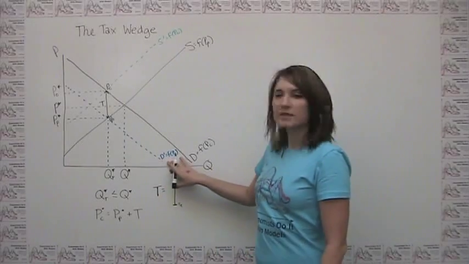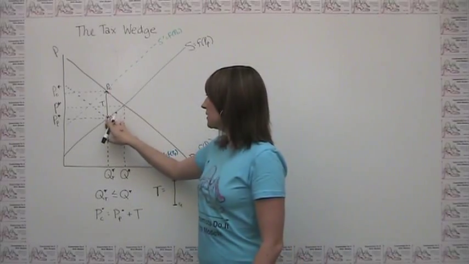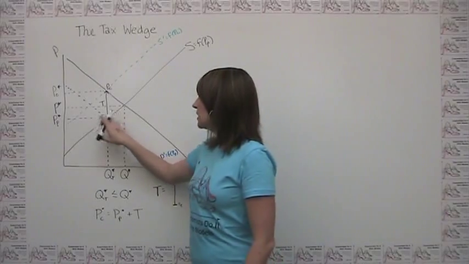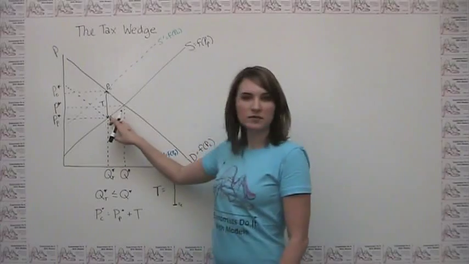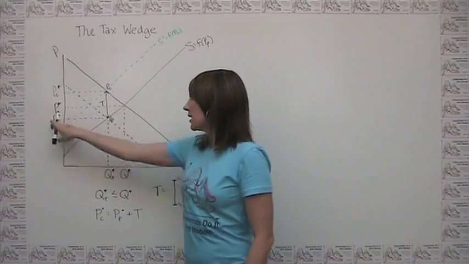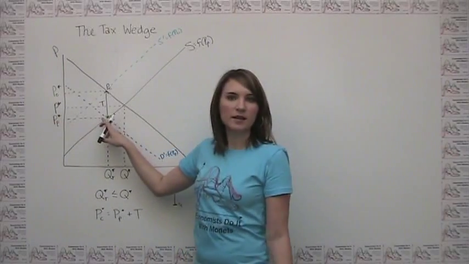Similarly, when we talked about a tax on the consumer, we identified this point here as our equilibrium, and we said because the effective demand curve and the supply curve are both in terms of the price that the producer gets to keep, that's how we label our intersection price here. Again, the same as we have in our wedge setup.